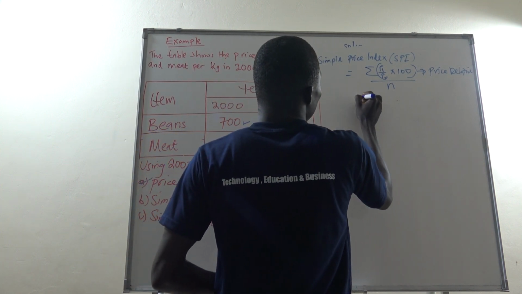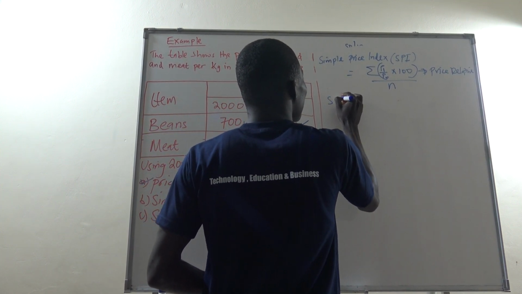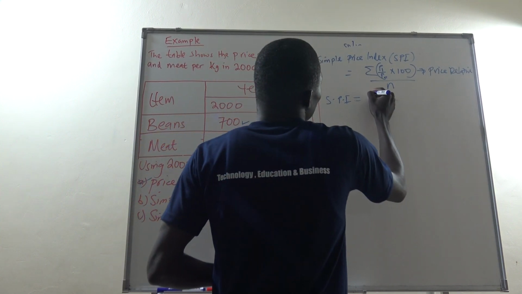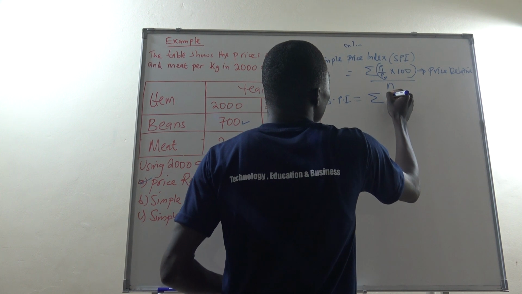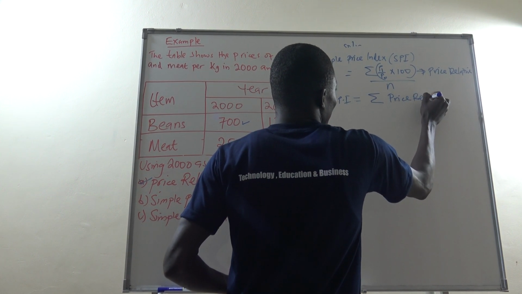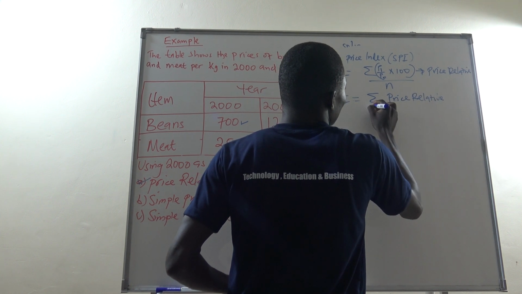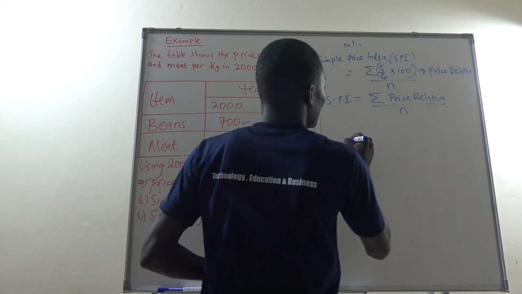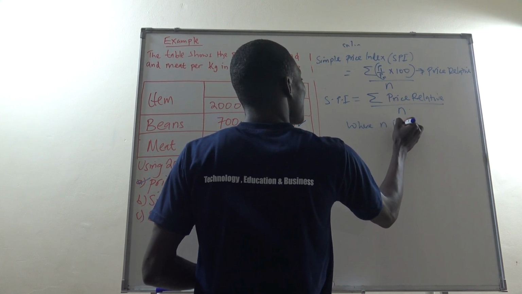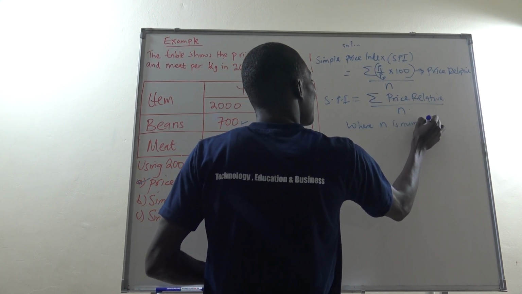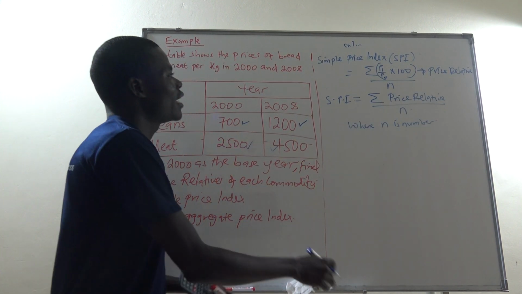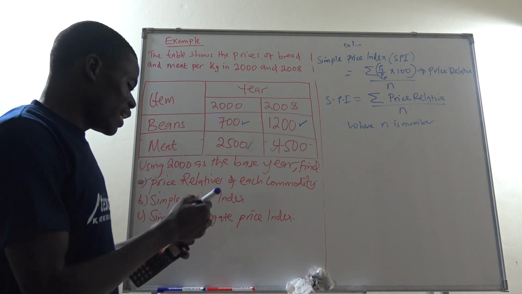That means our simple price index is given by summation of price relative or price index divided by N, where N is the number of price relatives or price indices.